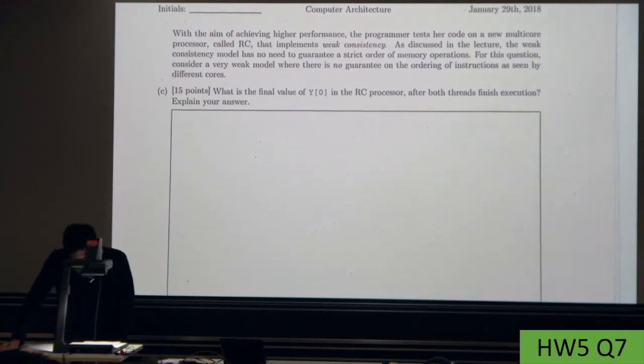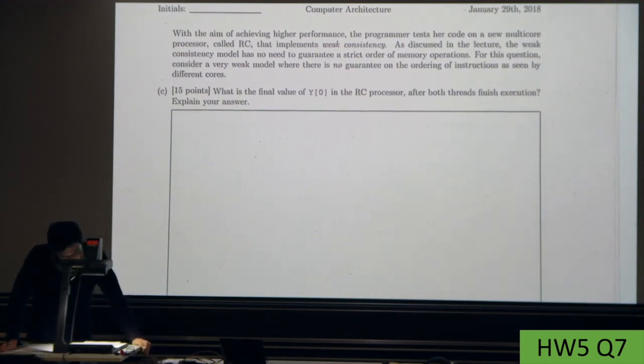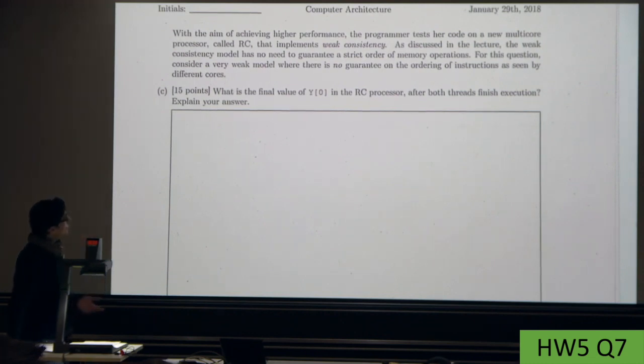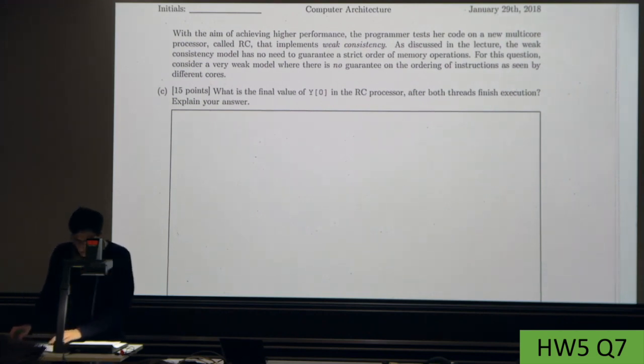As discussed in the lecture, the weak consistency model has no need to guarantee a strict order of memory operations. For this question, consider a very weak model where there is no guarantee on the ordering of instructions as seen by different cores. What's the final value of Y0 in the RC processor after both threads finish execution? Explain your answer.